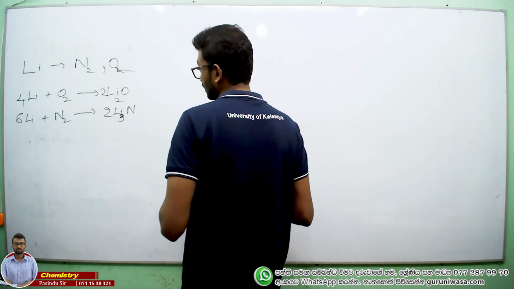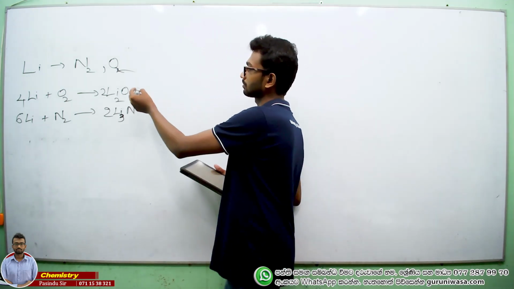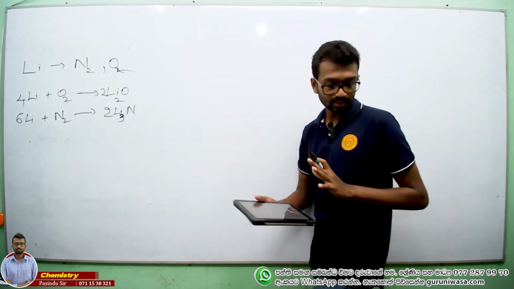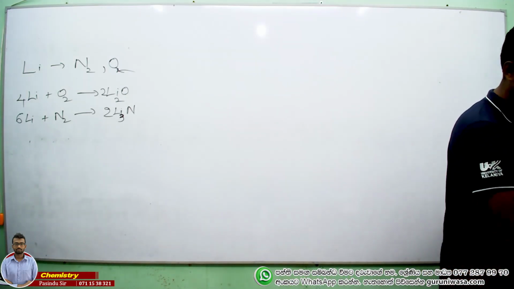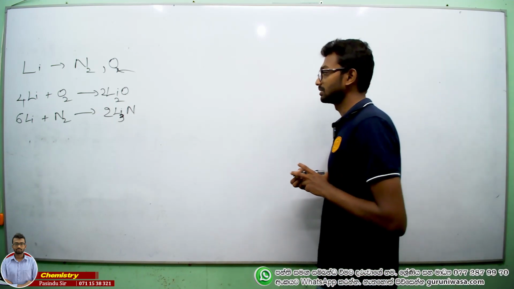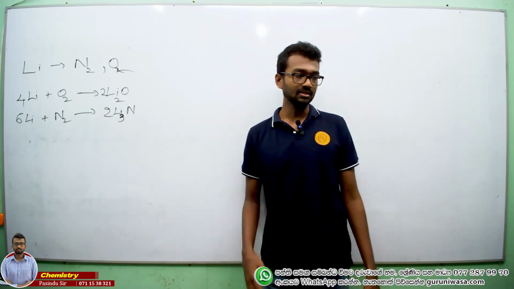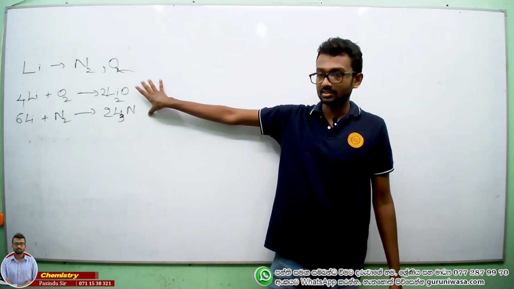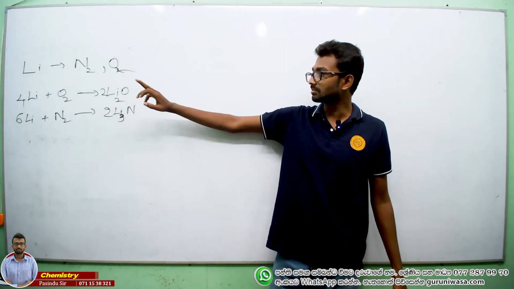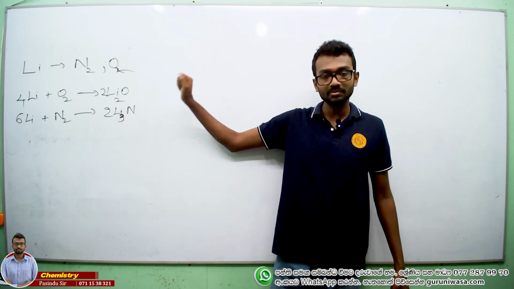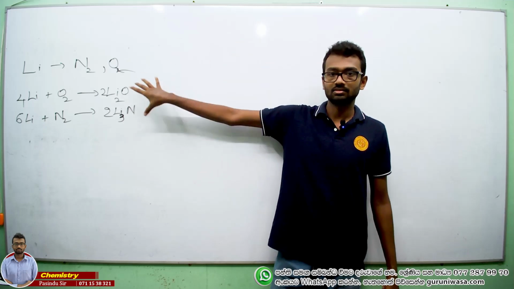So just understand, if you burn lithium in normal atmosphere, you can have both. I mean, you can have two compounds, lithium oxide and lithium nitride, right? Both.